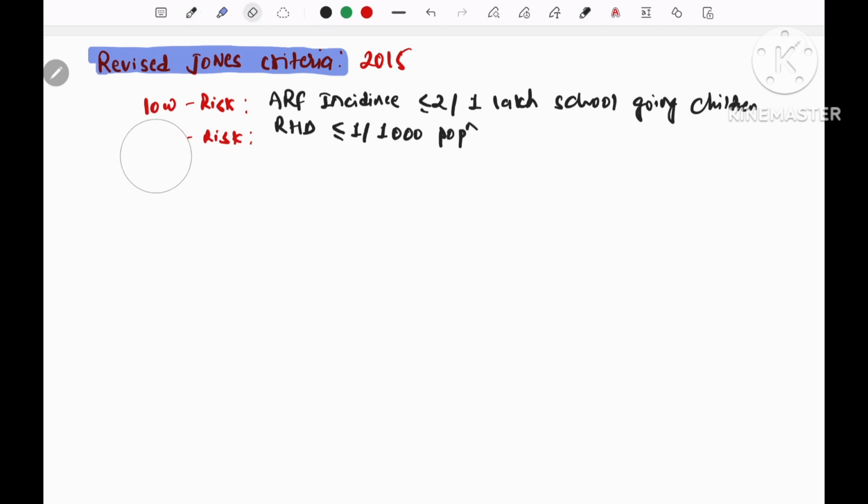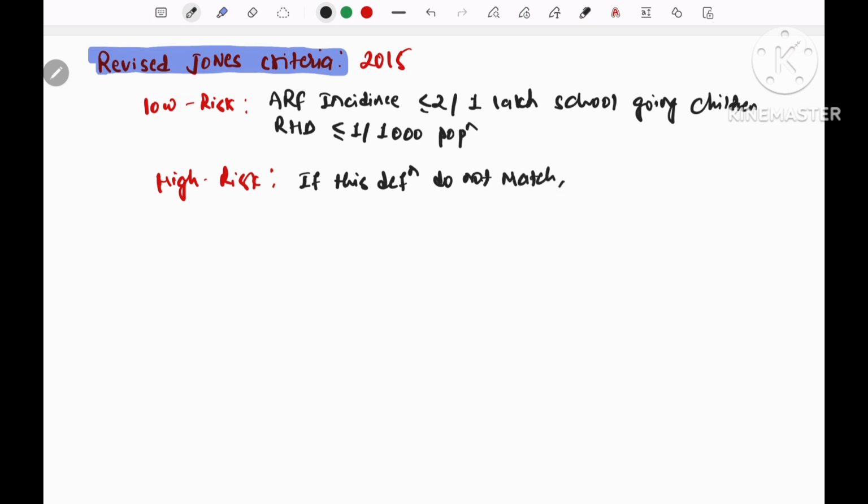But if this definition does not match, then they are termed as high risk.